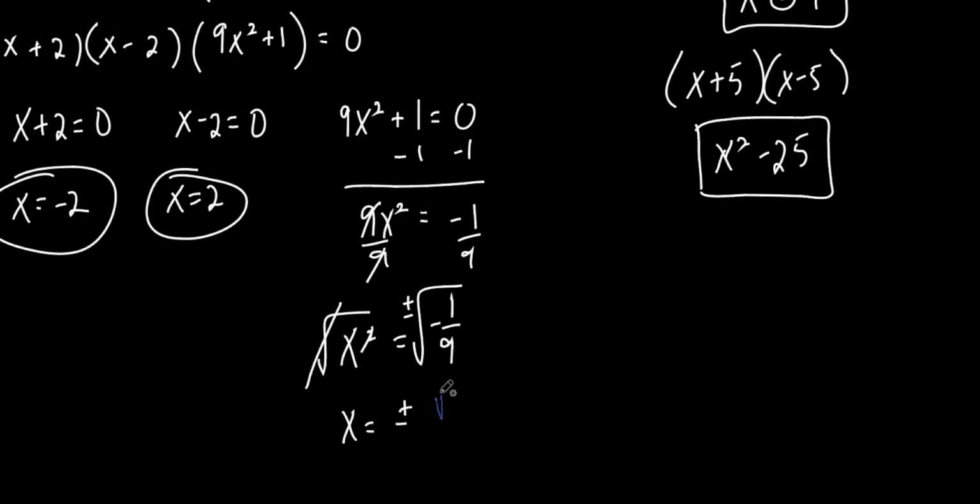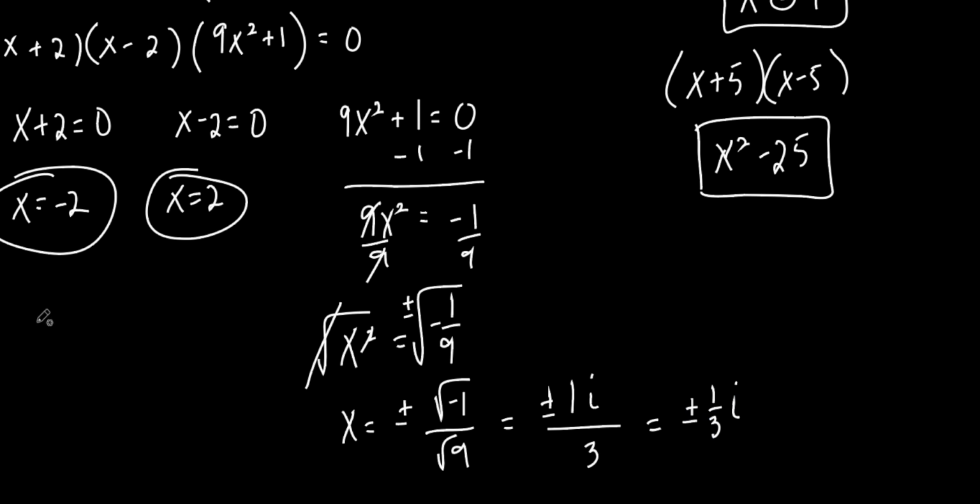And what do I have here? I got square root of negative 1 over the square root of 9. Plus or minus. What's the square root of negative 1? I over the square root of 9, which is 3. Or a better way to write this is plus or minus 1/3 i.